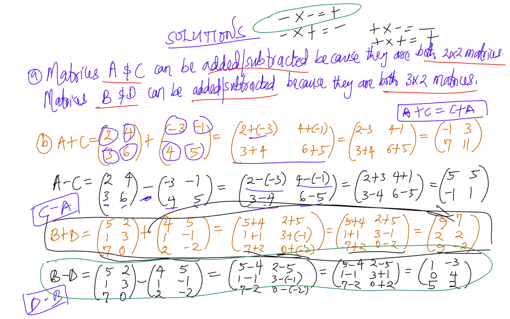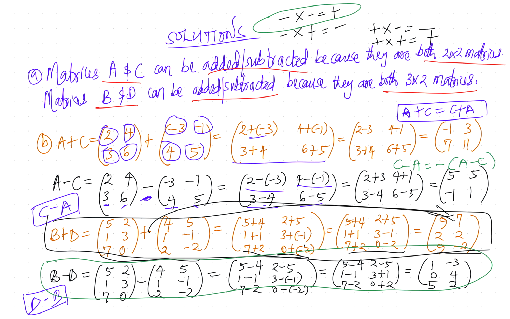Of course, the other subtraction, you can already expect that just like A plus C is C plus A, but then you should know that A minus C is equal to the negative of C minus A, or better still, since you already have A minus C, you should be saying that C minus A is the negative of A minus C. That means C minus A is going to be minus 5, plus 1, minus 1, like that.